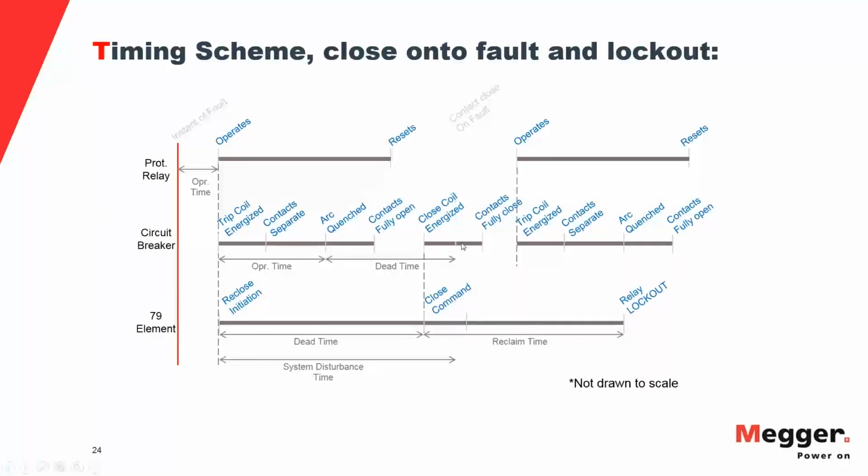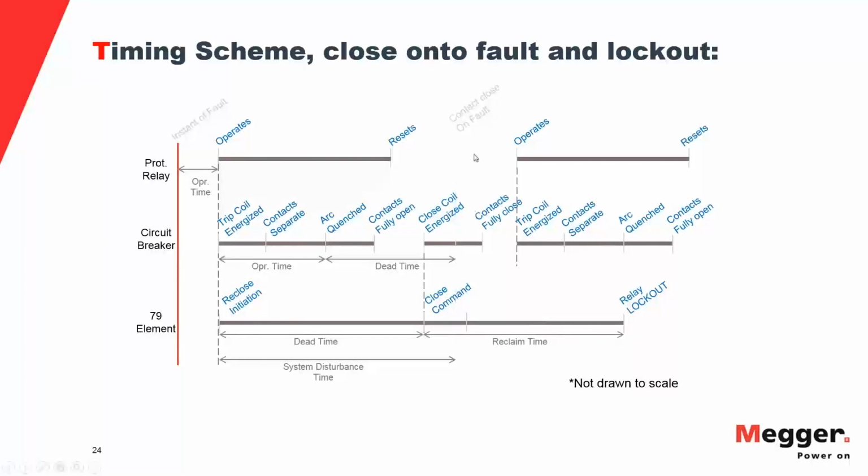Now, the breaker closes, all right? The breaker closes, and in this case that I'm showing here, the closing happened against a fault. Now, let's say that this 79 element was a single shot element, meaning that it was only programmed to close once.